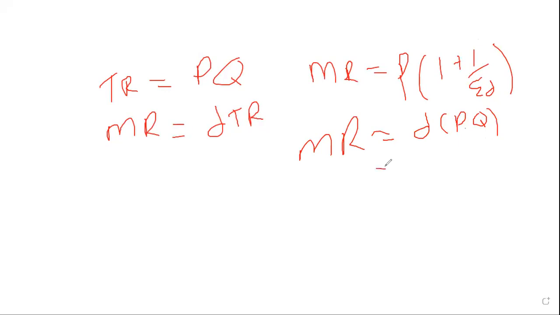So here we're going to do this: price times quantity, divided by dQ. This is dTR over dQ.